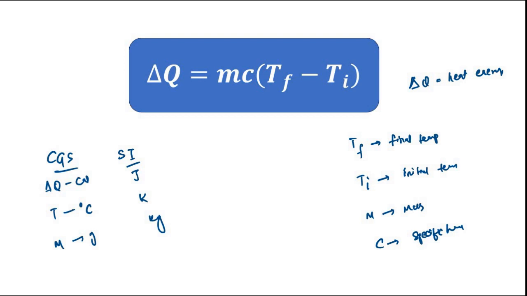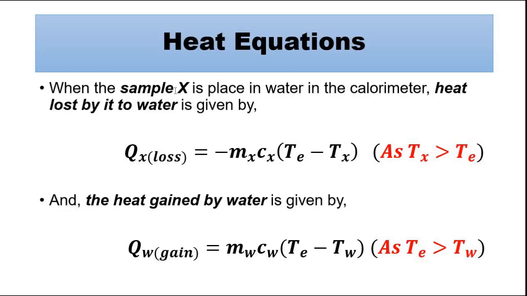For sample X, mass is mx, specific heat is Cx, and the final temperature is the thermal equilibrium temperature T.